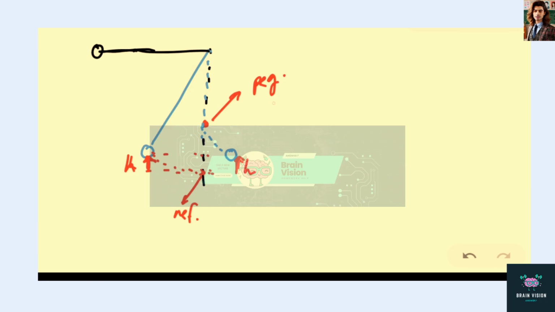We want to find the minimum value of d, which is the distance the peg is away from the axis of rotation, such that the pendulum is able to rotate a full circle around the peg. So you want it to reach this particular position.